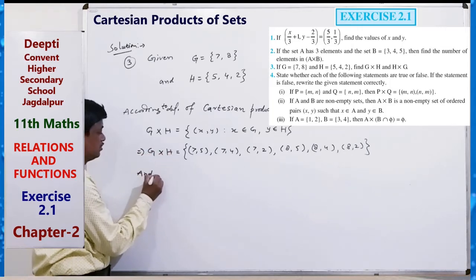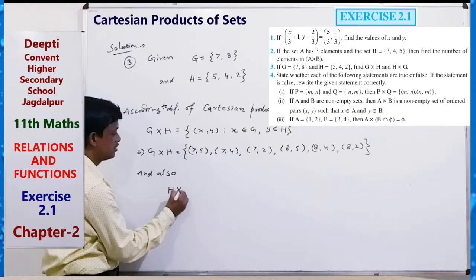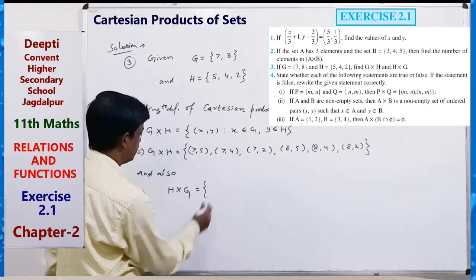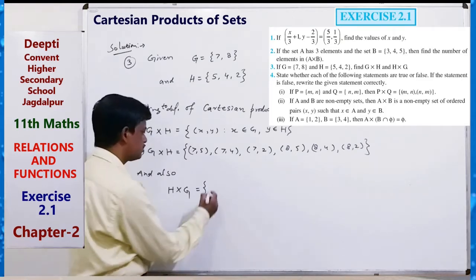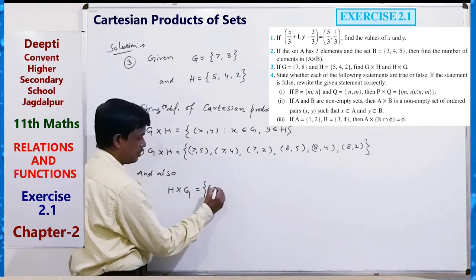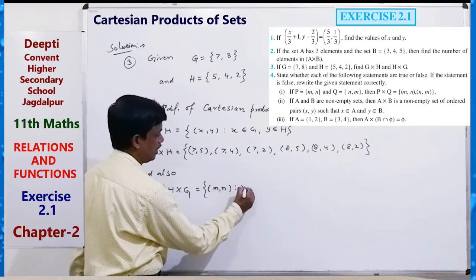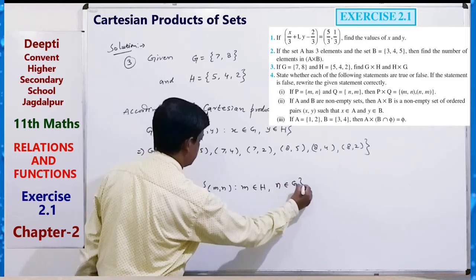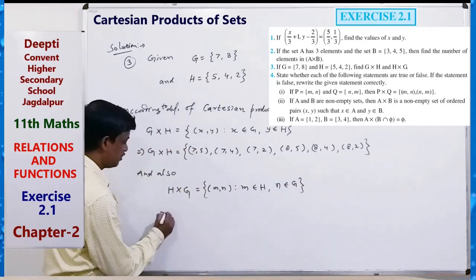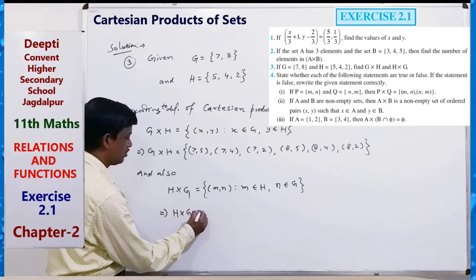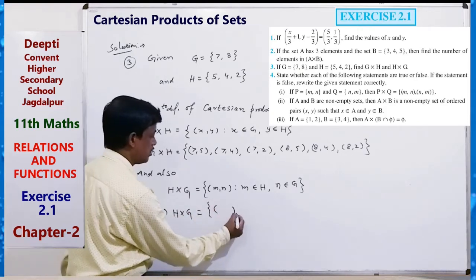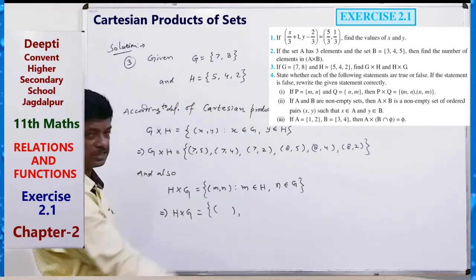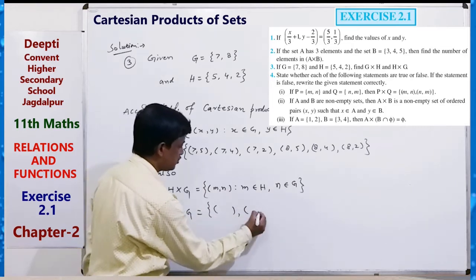And we can also find H cross G. H cross G is the set of ordered pairs (m, n) such that m belongs to H and n belongs to G. How many elements will there be? 6, so 6 elements will be there.